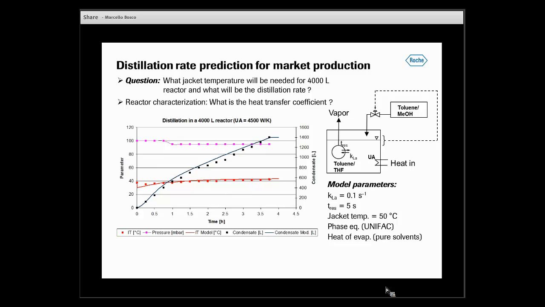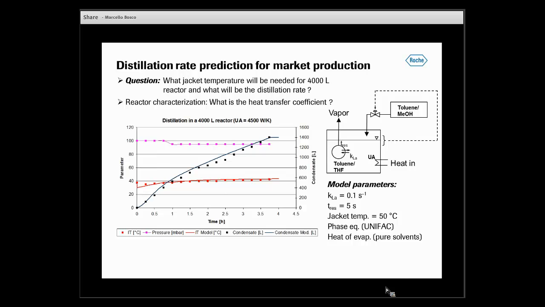We could have done a very simple calculation, but in the end we decided to do it with a distillation test. So again, we had the same model like before, and we fitted our results to the model, and so we extracted the heat transfer coefficient of about a UA value of about 4,500 watts per Kelvin.